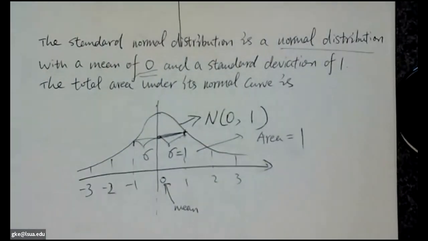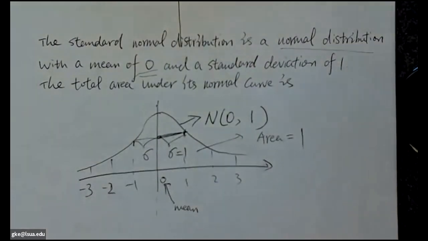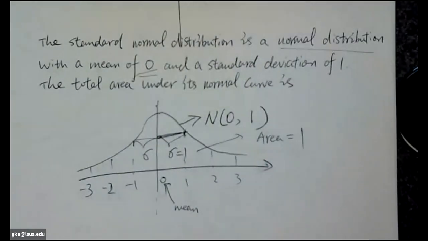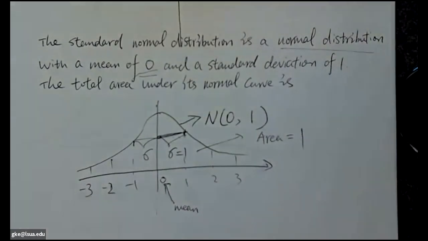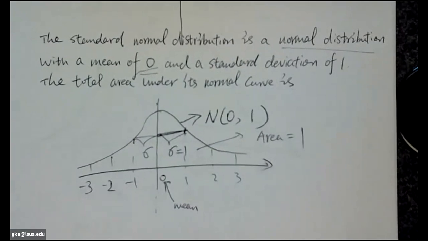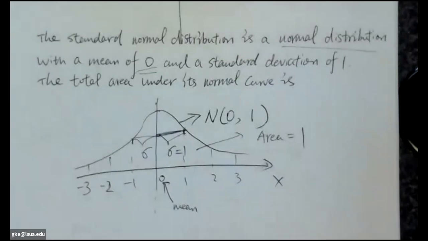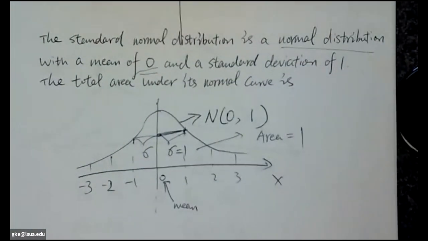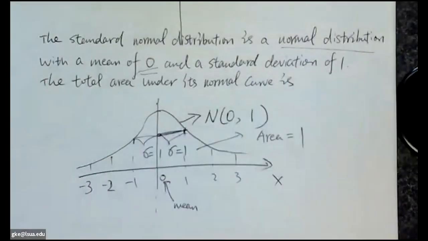So let's take a look at some properties of the standard normal distribution. Sorry, I have a question. Sure. Where it says on the x-axis the first sigma equals 1, on the other side towards the negative, does it also equal 1?